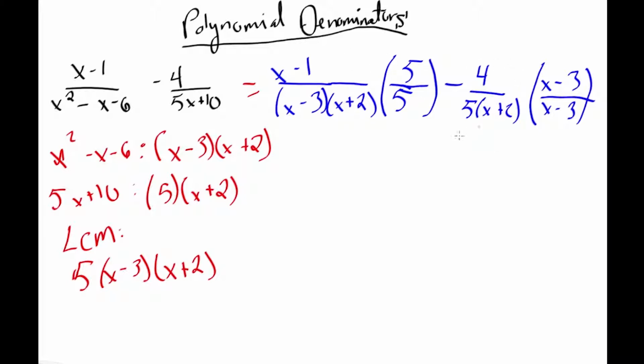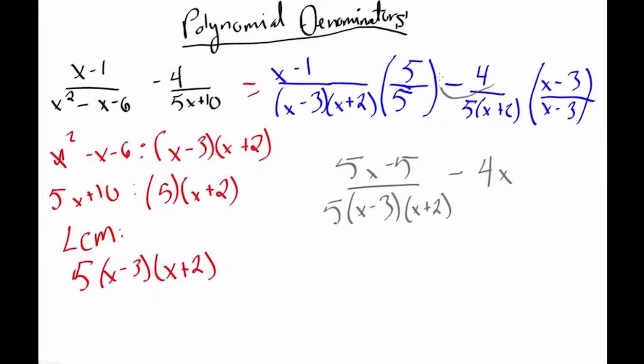Now, let's simplify a little bit of this. I'm going to distribute the 5 in. So I have, let's do kind of a gray this time, just for funsies. We're going to have 5x minus 5 over, and I'm just going to leave these all factored out. I don't have to distribute these in. Minus 4x.